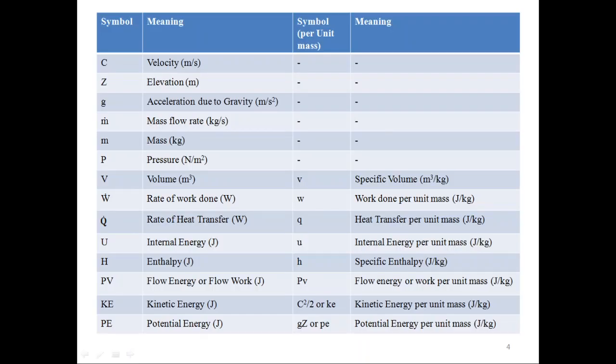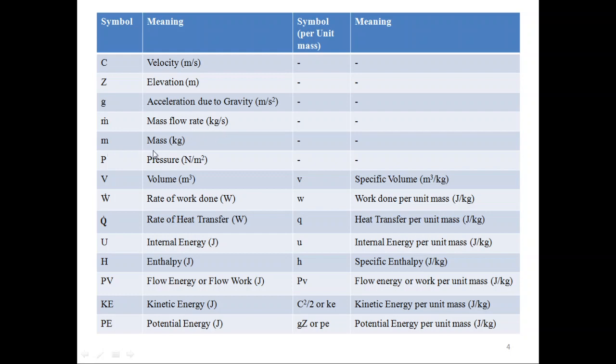Next are the symbols used. C represents velocity in meter per second. Z is elevation in meter. Small g is acceleration due to gravity in meter per second square. M over dot represents mass flow rate in kg per second.